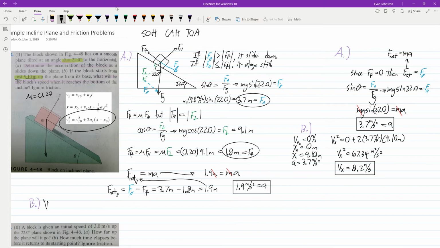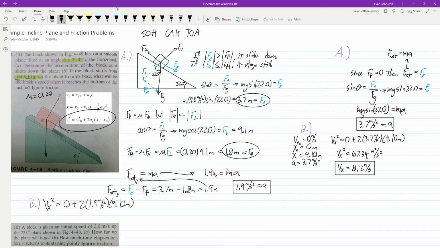So we have the velocity at the bottom squared is equal to, well, it starts from rest still, so we still have 0 plus 2 times our acceleration, which is now 1.9 meters per second squared, and it's still traveling 9.1 meters.